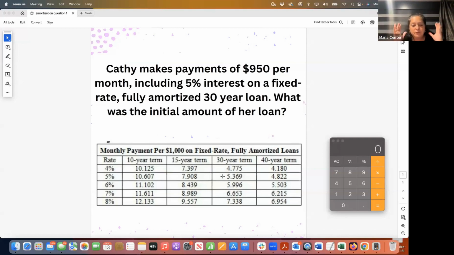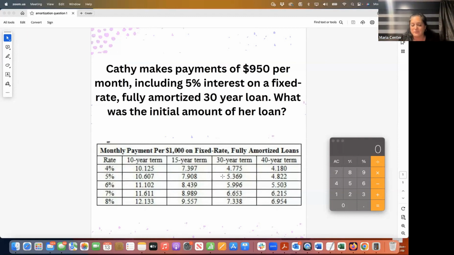Okay? So visualize that. Here we know that Kathy makes payments of $950 per month. Now, in your mind, envision, like in front of me on this table, I've got a bunch of piles of $5.369 all over on this table, right? How many of those piles do I have to hand you to pay you $950?